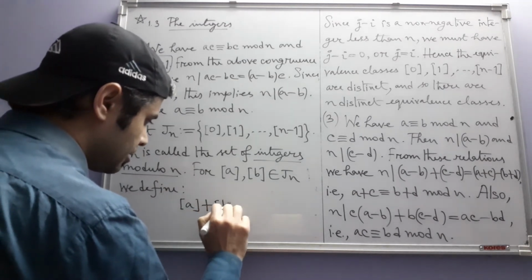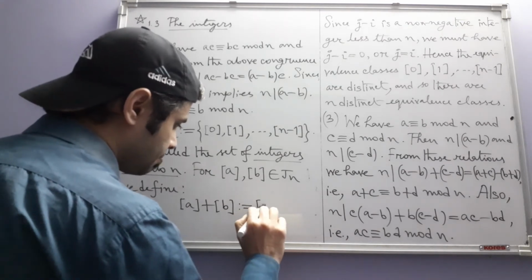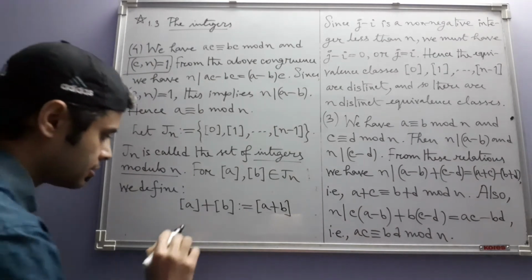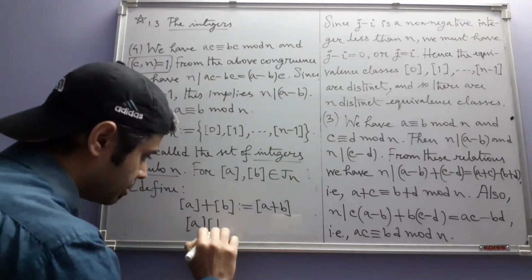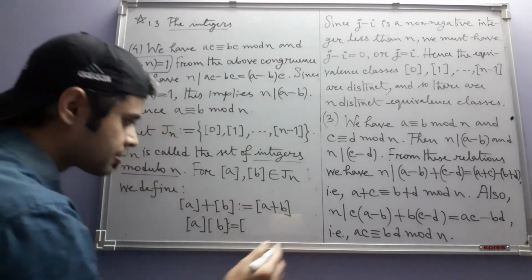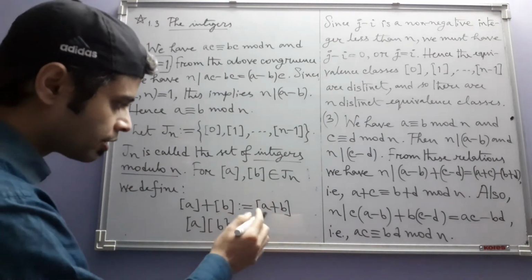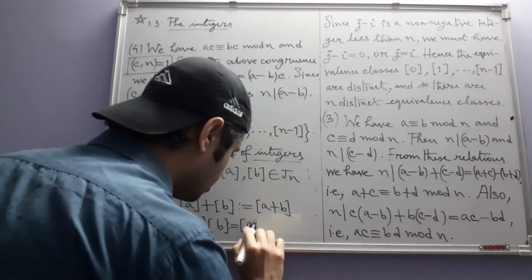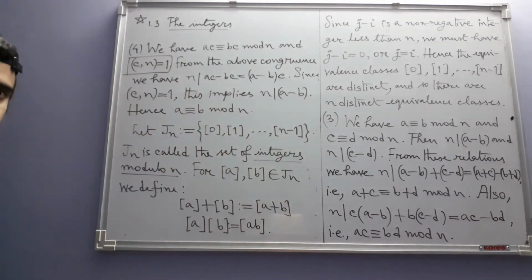The definitions are very easy to understand, but there is a problem with these definitions. I mean, an issue which needs to be addressed. And similarly, we can define multiplication. So addition is, by definition, the congruence class containing the integer a plus b. Like that, the multiplication gives us the congruence class containing the integer ab.